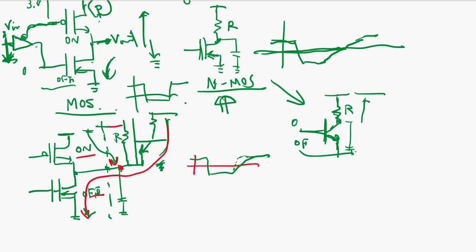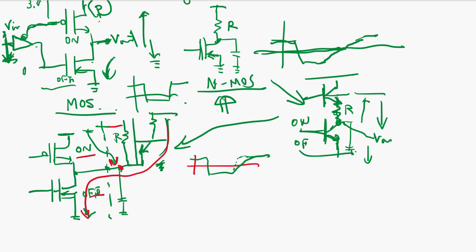When this is on, then this is going to drive down, and this output voltage goes low. And of course, using an active transistor instead of a resistor, this was done in the bipolar logic circuit first and imported to here in the MOS.